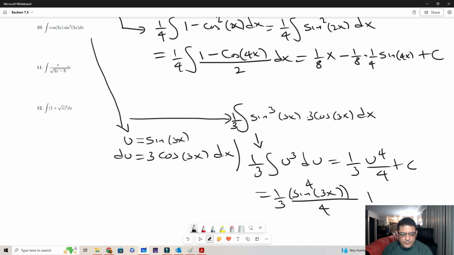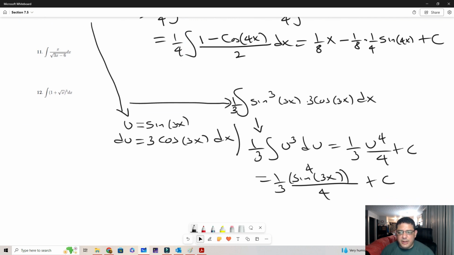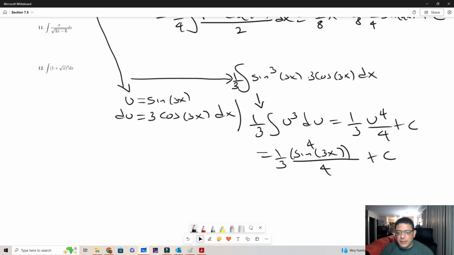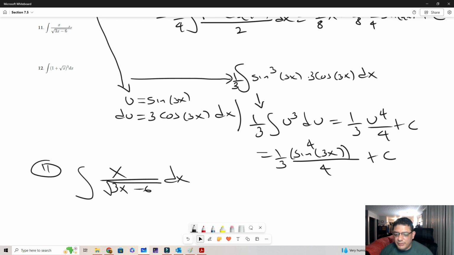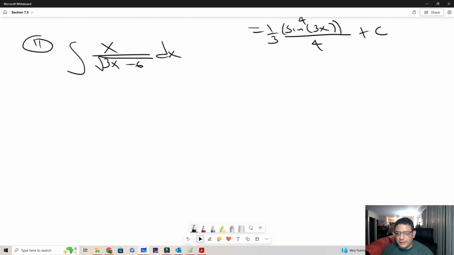Okay. All right. So now moving on to integral 11. For 11, we have x over the square root of 3x minus 6. So this is not something that we can really deal with in this way, like we can't simplify or do anything special.